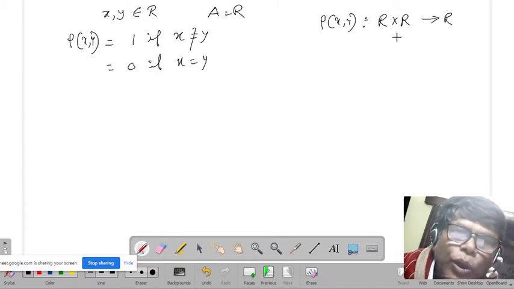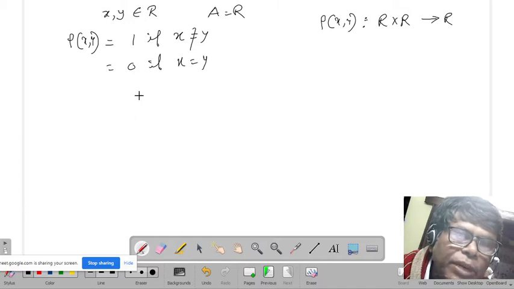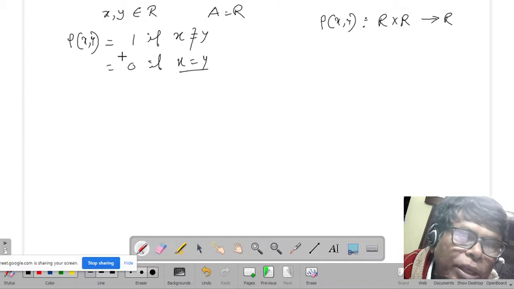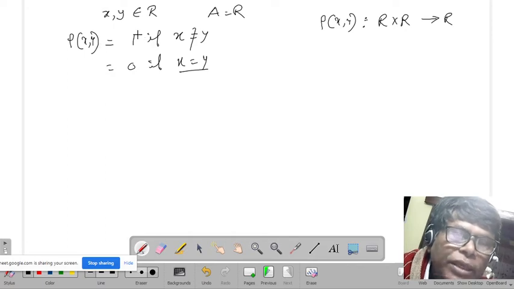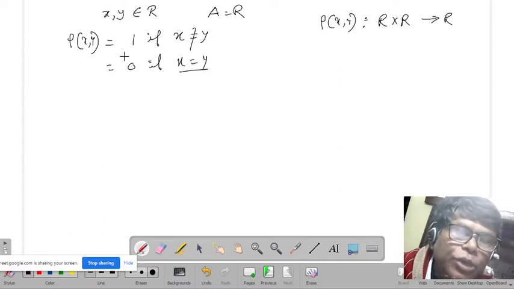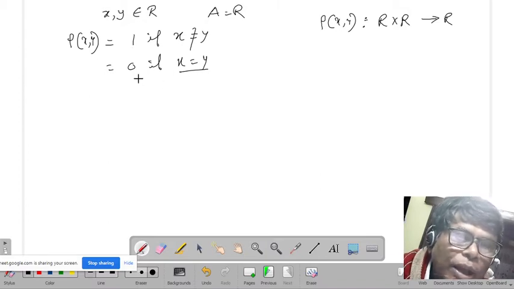Now you see all the properties are satisfied by this. 0 and 1 are greater than or equal to 0, and it is 0 if x is equal to y, as given in the definition of rho xy. For the triangle property, rho xy is 1 if x is not equal to y, and rho yz is also 1 if y is not equal to z, so it is 2, and so rho xz is less than or equal to 2.